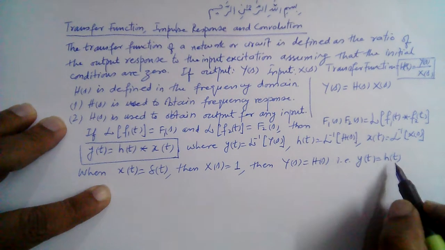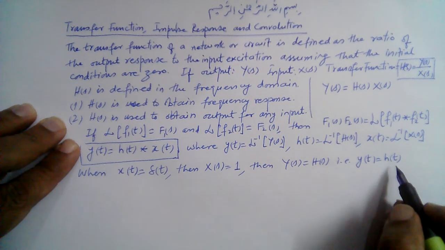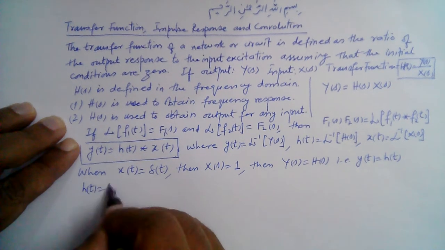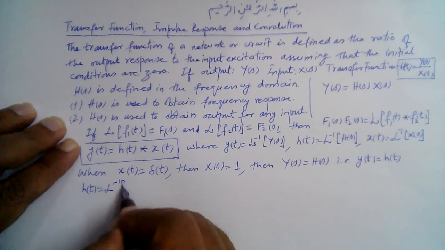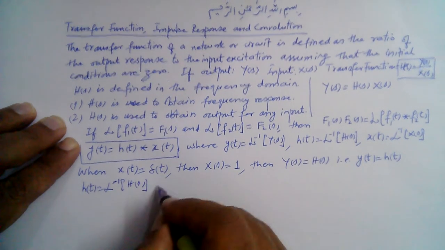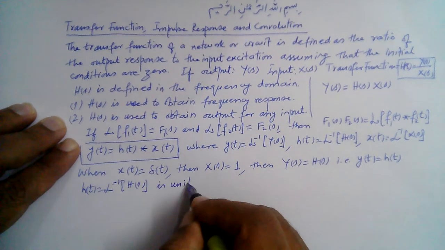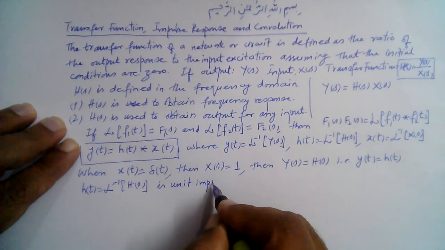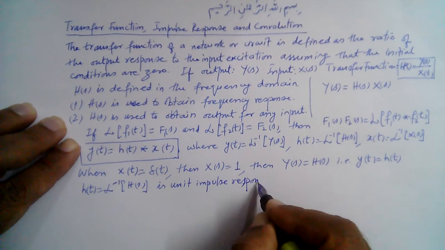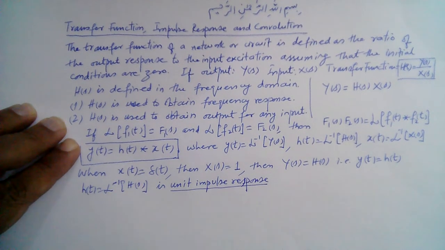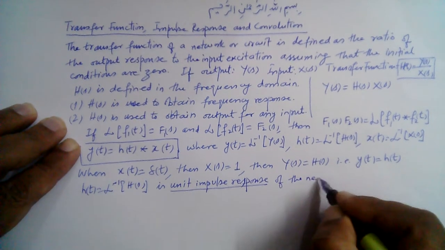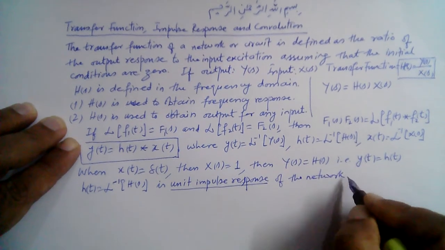So we can say that h of t, which is the inverse Laplace transform of h of s, is the unit impulse response of the network, right?